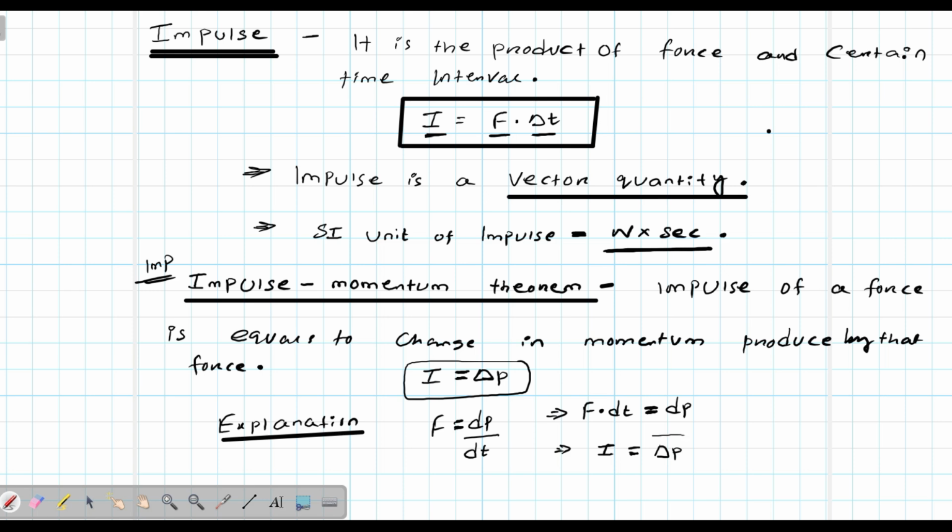Impulse equals to change in momentum. I equals to delta p. Impulse equals to change in momentum produced by that force. That is the impulse momentum theorem.